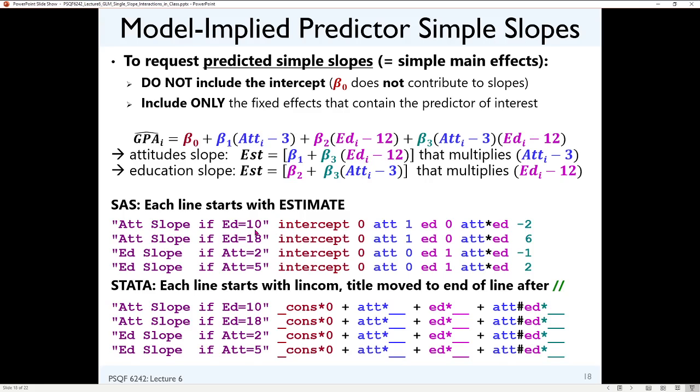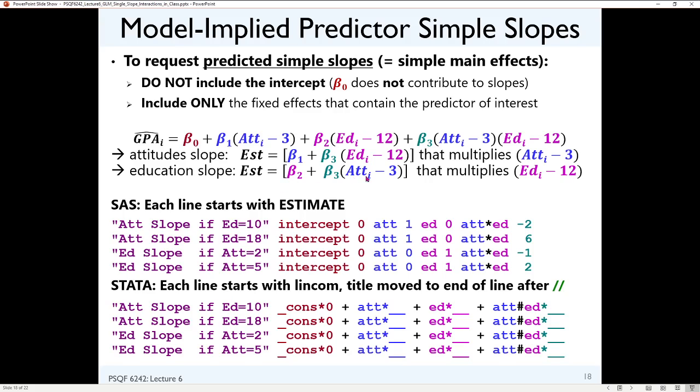If education equals 10, that is 2 less than the 0 point of 12, which is why we have a negative 2 here. Likewise, if we wanted education equals 18 instead, that is 6 more than the 0 value of 12, so we put a 6 here. The exact same idea, but in the reverse direction, is what we need to compute an education slope. So then we'd be using the second list of ingredients.